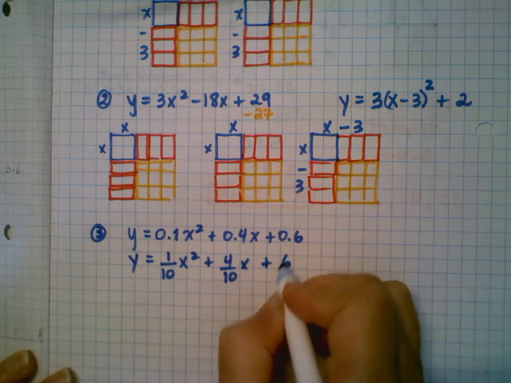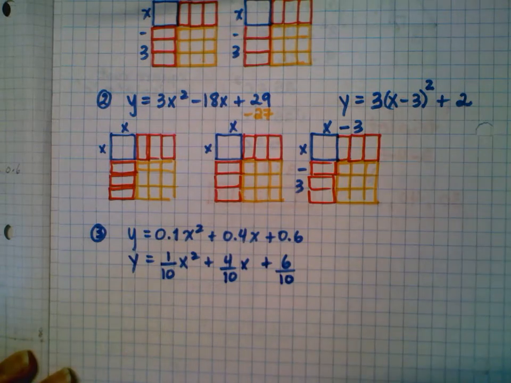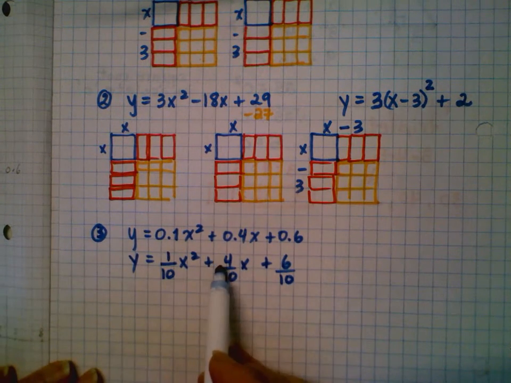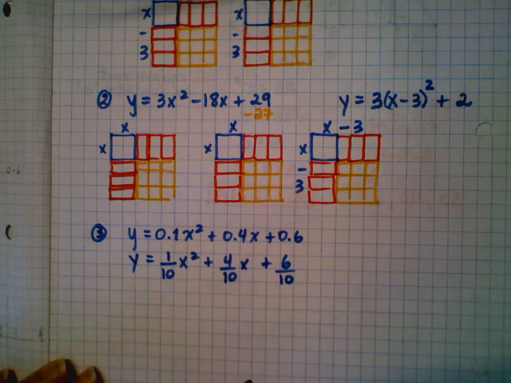And 0.6 is 6/10. So in doing that, what I see is that I've actually got some nice whole numbers, 1, 4, and 6, that have been divided by 10.